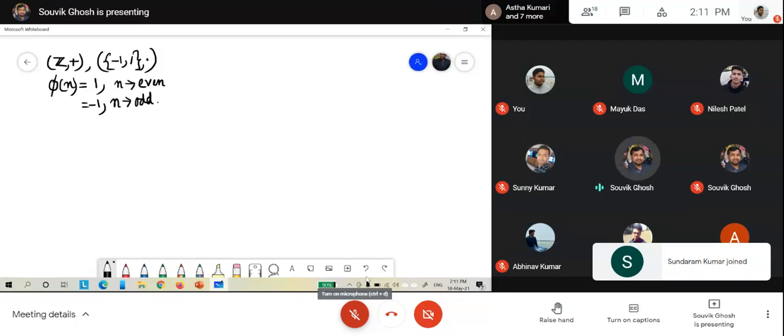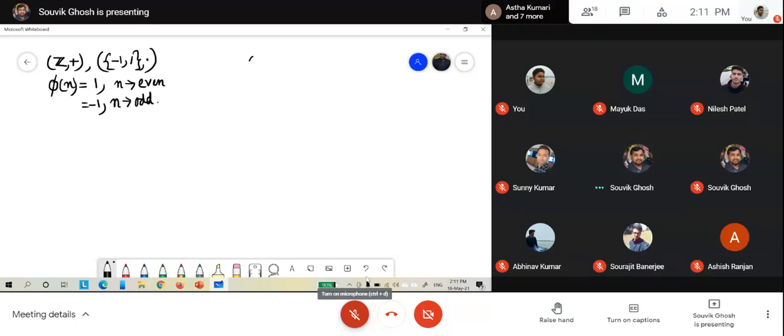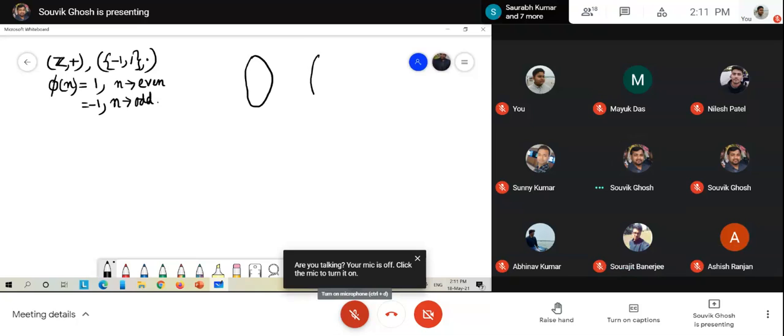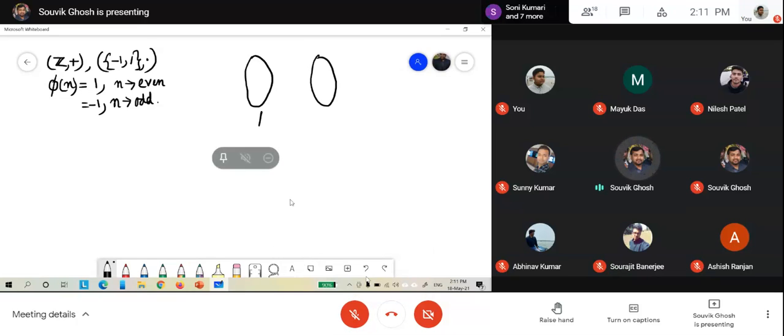So what is the definition of injective? Suppose we define a function from A to B. A function is said to be injective if for all the elements in the range set there is one unique element. So what are the elements in the range set of the function phi?